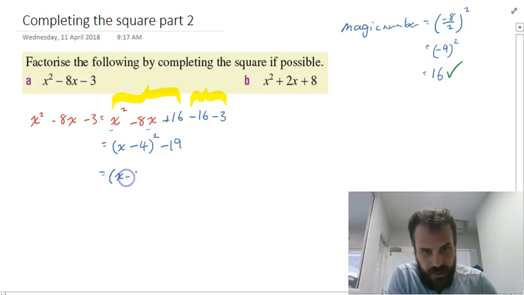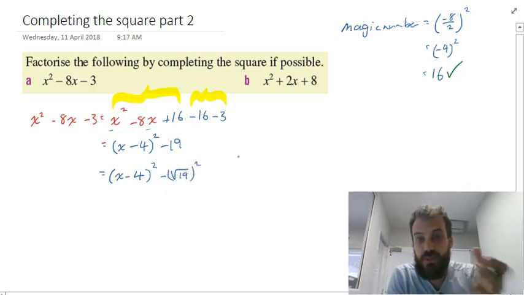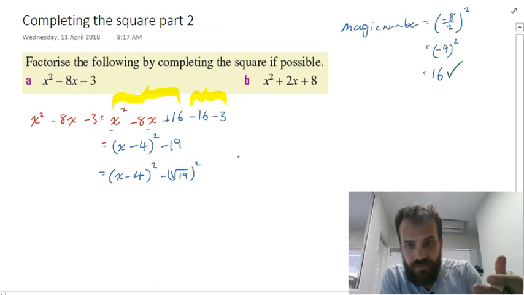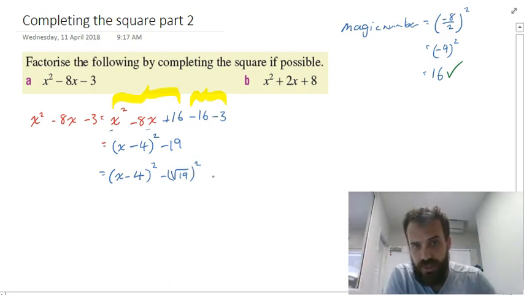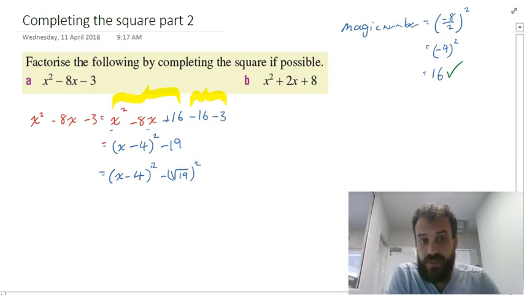So, x minus 4 squared. I'm going to turn negative 19 into negative the square root of 19 squared. Now, the square root of 19 squared is just 19. So now I have the difference of 2 squares. I have x minus 4 squared minus the square root of 19 squared.